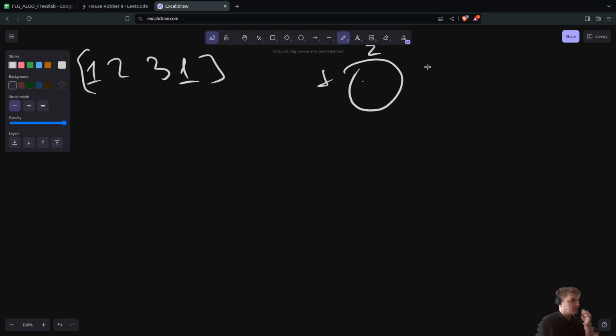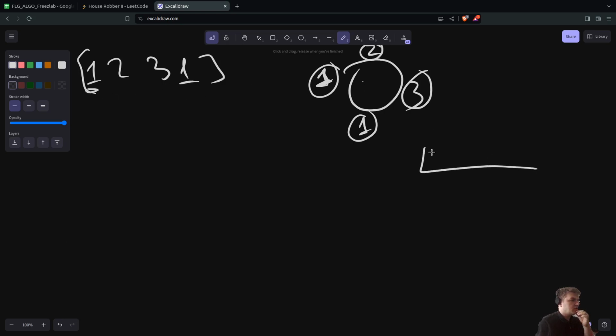Let's say something like this. So if I'm going to solve this problem in 1D, one-dimensional, all the houses are on one line.